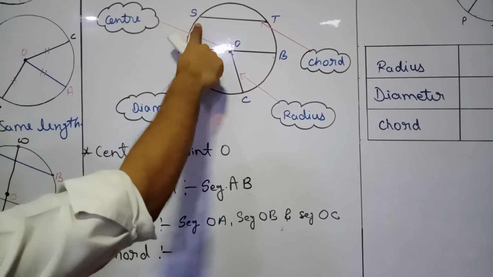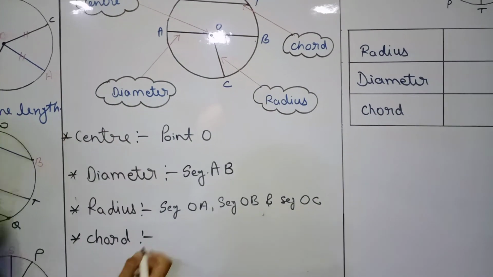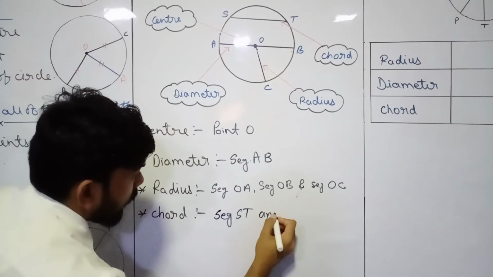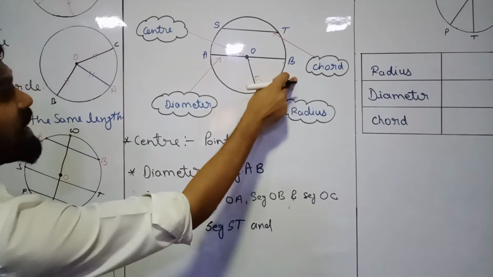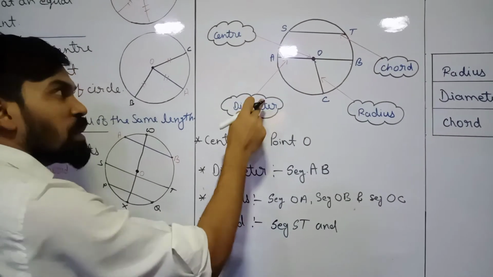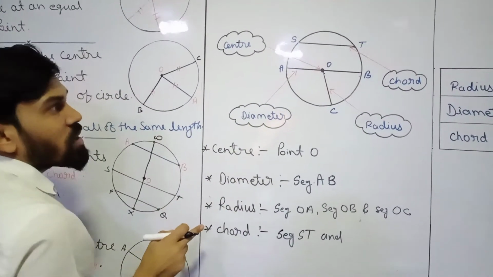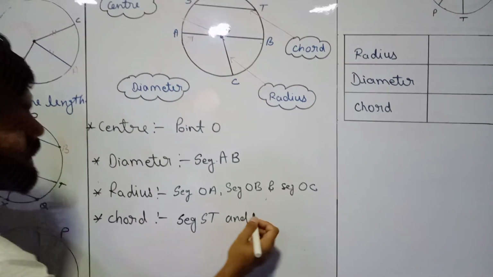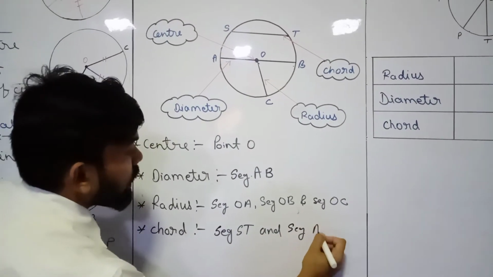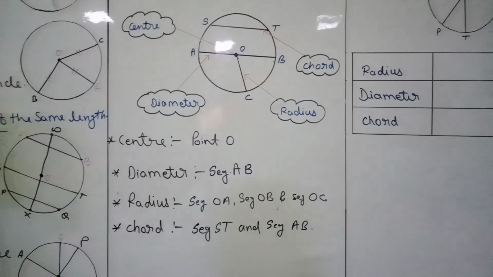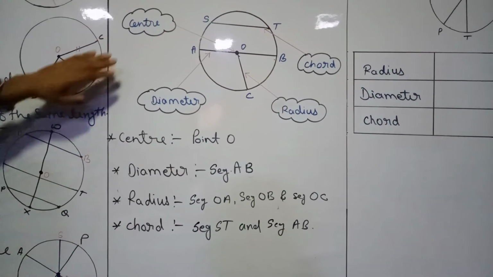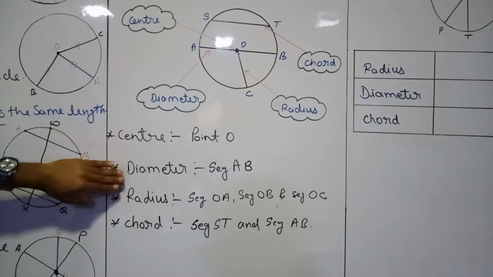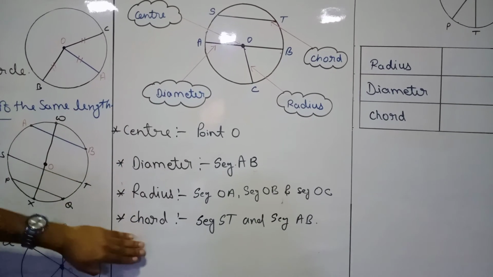So this is segment ST, and AB, diameter, because the diameter of the circle is the biggest chord of that circle. So segment ST and segment AB. This way we can write all the 4 parts of the circle: center, diameter, radius, chord.